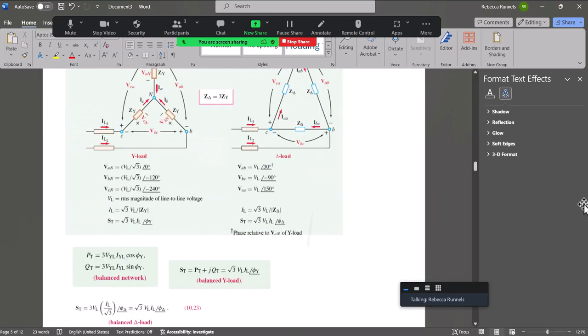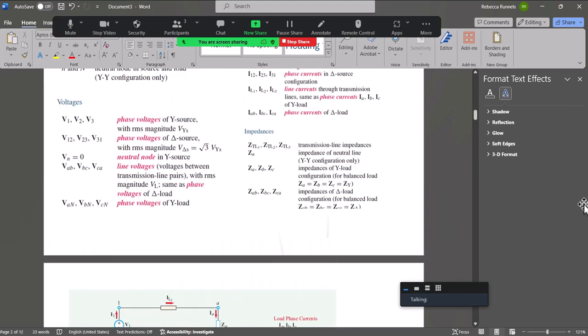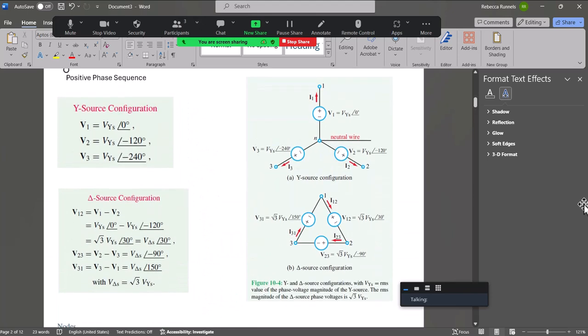And so if we look at our Y source configuration and our delta source configuration, V12 is the voltage between points 1 and 2, so that's on your delta configuration.